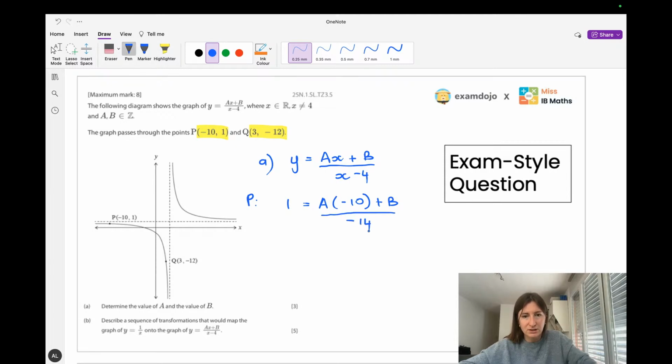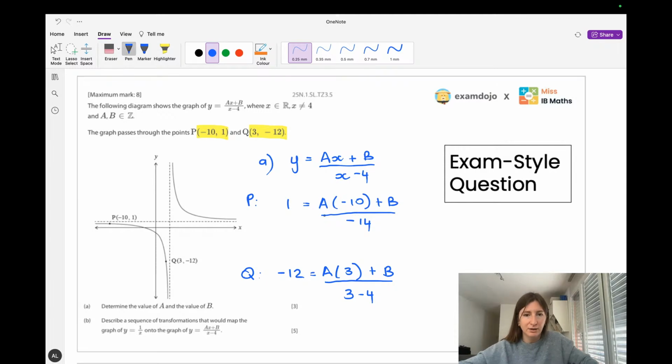So that's minus 14. Okay, that's our first one. Then let's do maybe q over here. So we have minus 12 equals (a times 3 plus b) over 3 minus 4.